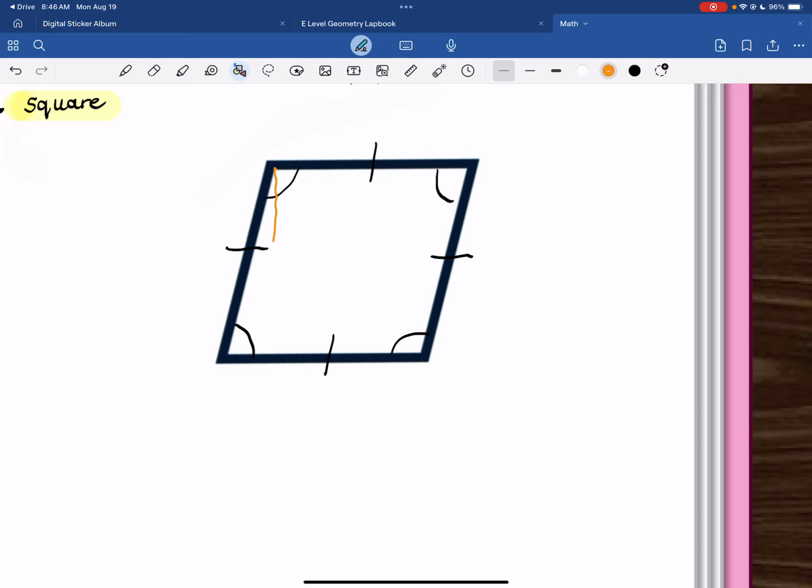So we would come right down through here, because whenever you measure height, you want a 90-degree angle. This would be the height of the rhombus. And remember, that's an imaginary line that I drew, so let's make it dashed. And these are called sides. This is a side of the rhombus. Okay.